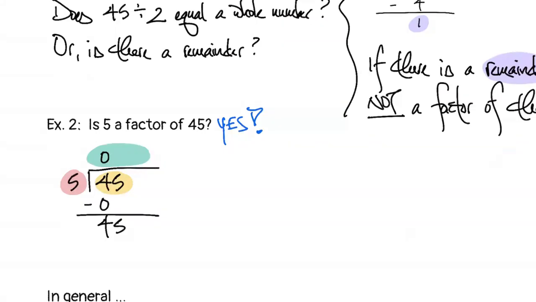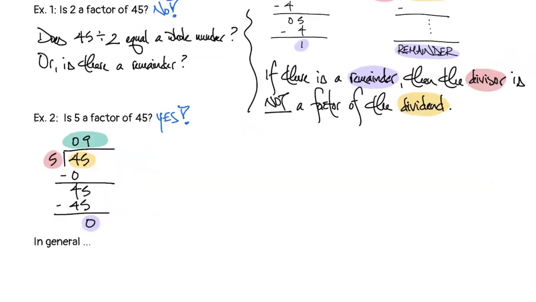All right. Well, does 5 go into 45? Yeah, 9. Okay, so I'm going to put a 9 up here. 9 times 5 is 45. I subtract and I'll get 0. So we've got 0 right here.